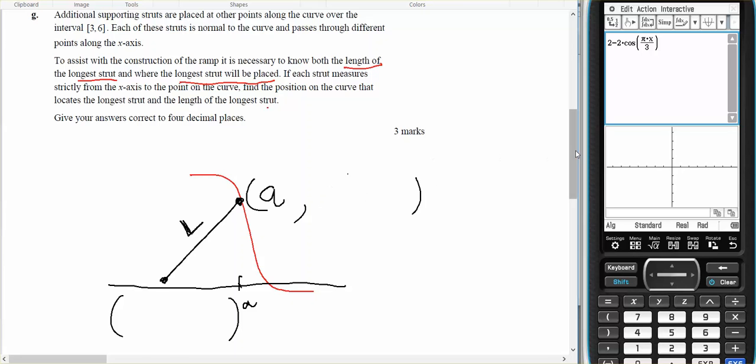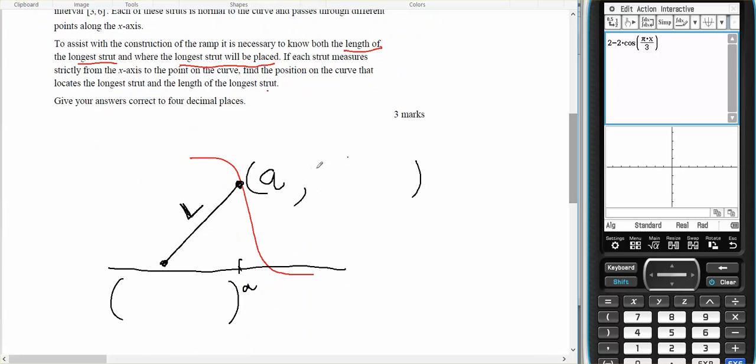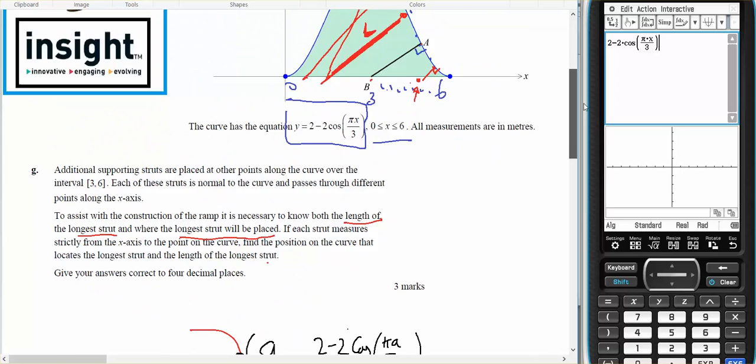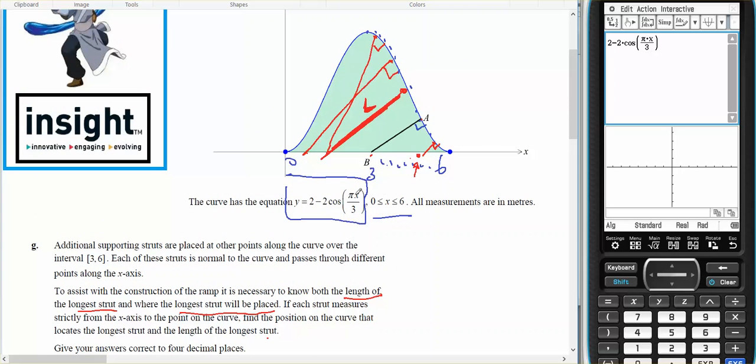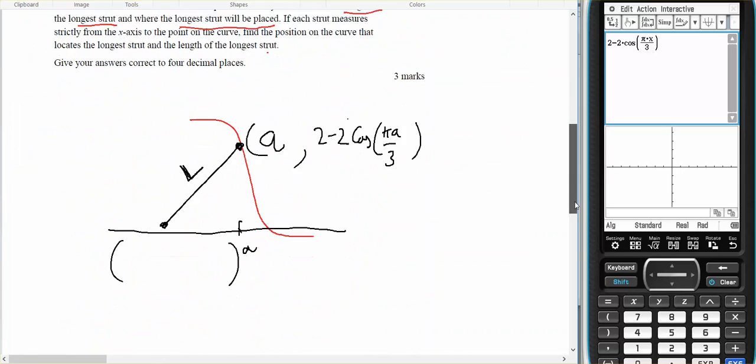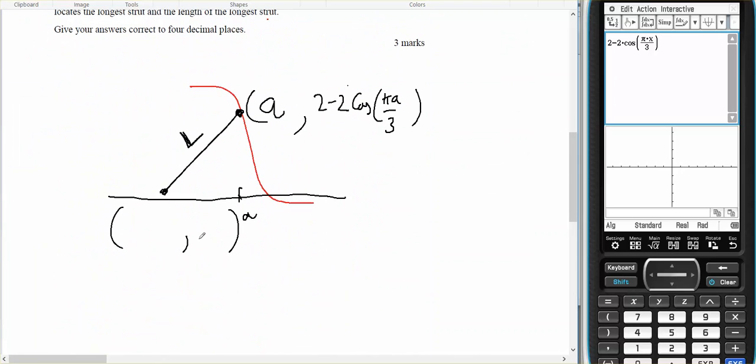So this here will be, if I place that into 2 minus 2 cos pi A on 3, because if I place A into here, I end up with an A there where x is. And down here, that's going to be 0, and I'd like to find the x-intercept.